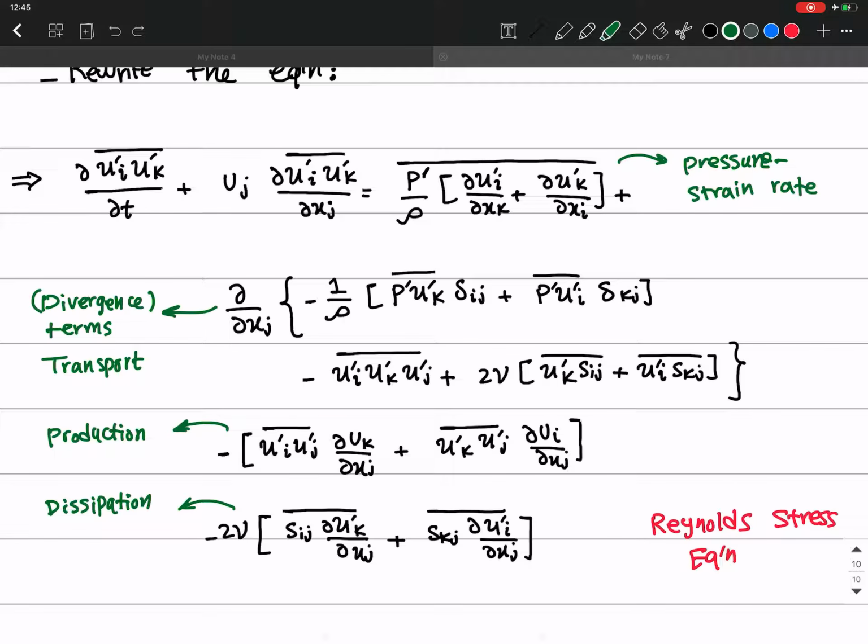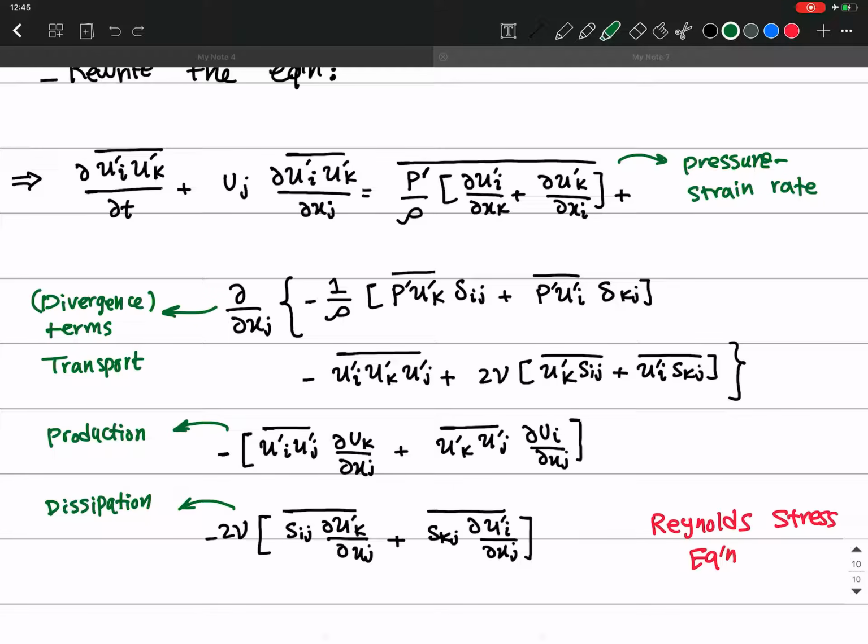So now we have a transport equation for these Reynolds stresses, and we can integrate it in time and space and find these Reynolds stresses.